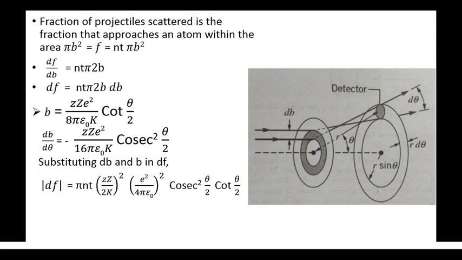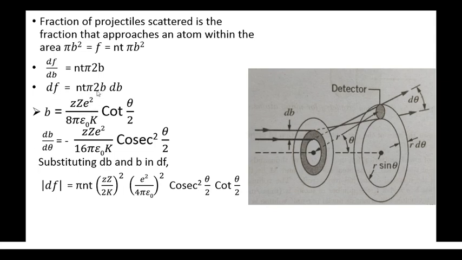And also we have the equation for impact parameter B. From that you can calculate dB by d theta. So here we got a dF. Now we are going to substitute B and dB in dF.